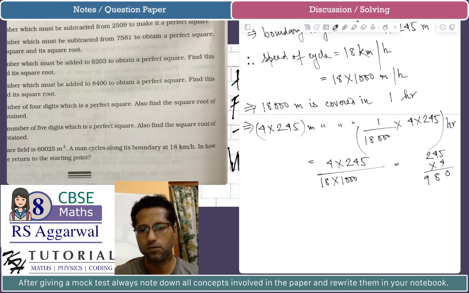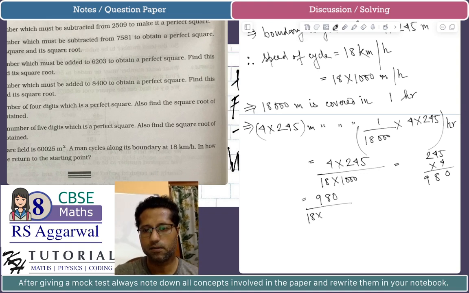So this is equal to 980 divided by 18 multiplied by 1000, this much hour.